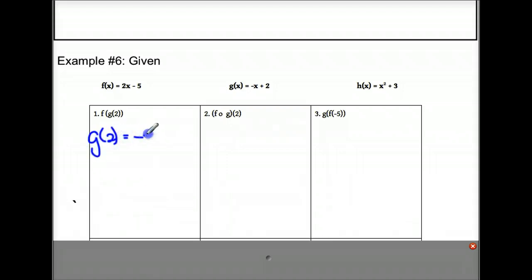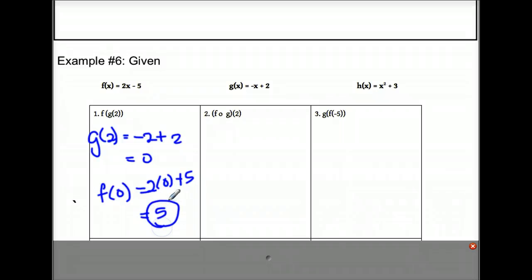This becomes minus 2 plus 2. The answer is equal to 0. Then I work on f of 0. f meaning I'm using this function. 2 times 0 minus 5 is equal to minus 5. And that's my final answer.